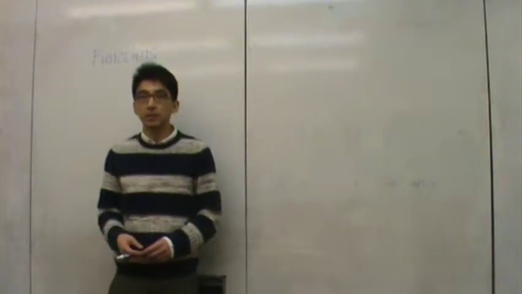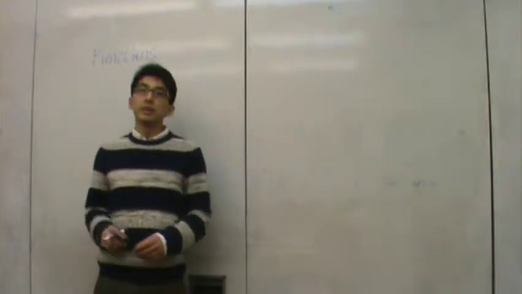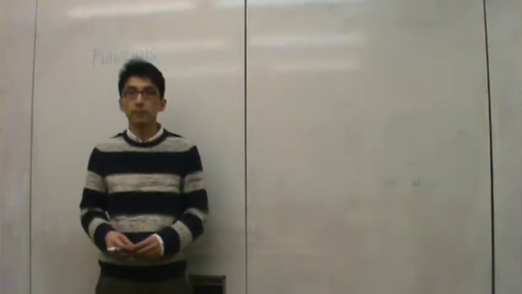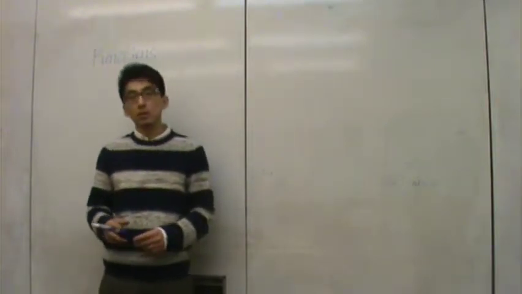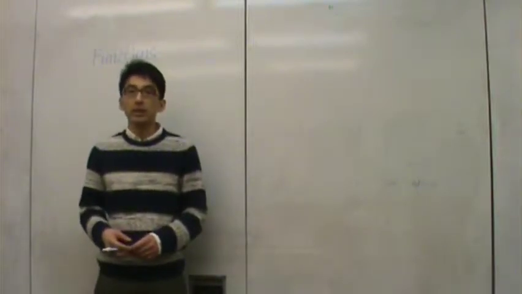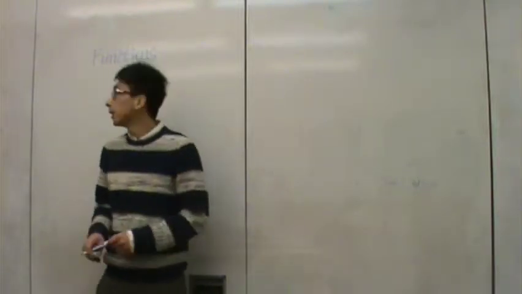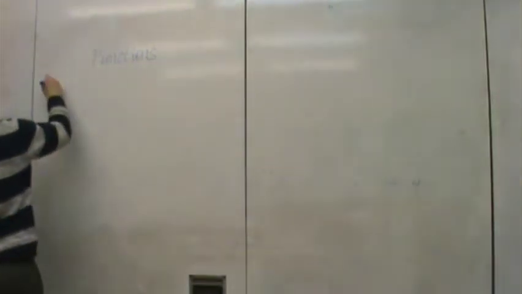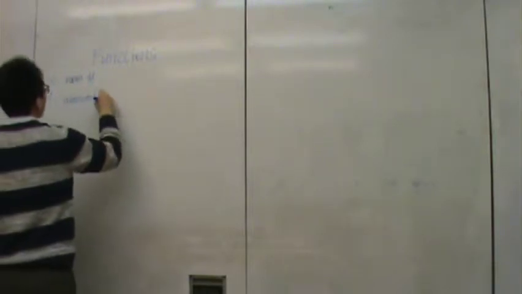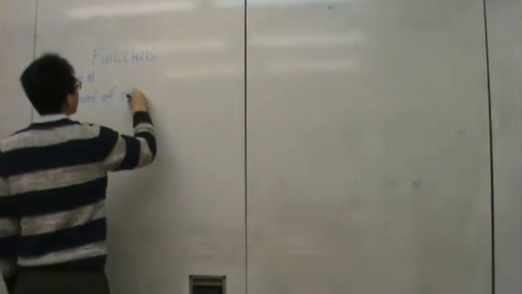Take another example. Each room in this building has a certain amount of students. Suppose I walked around and found all the amounts of students in all rooms. Let X be a room number and Y be the amount of students.